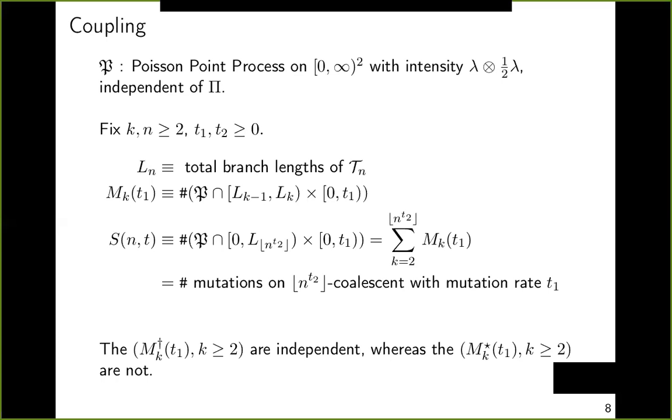If we sum up all these mutations up to n to the 2t, then we just get the total number of mutations in a coalescent tree on n to the 2t leaves with mutation rate t1. Now notice that the Mk dagger, so the mutations in the temporal coupling, are independent as k varies, whereas the Mk star are not.